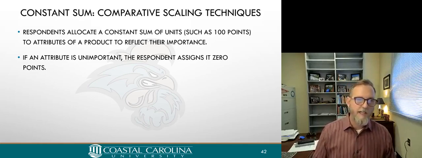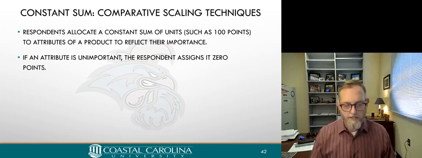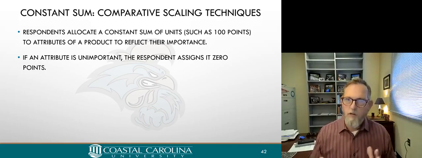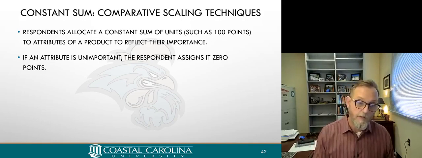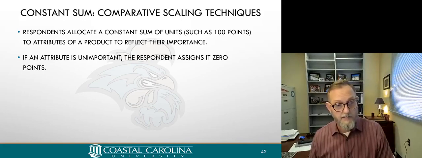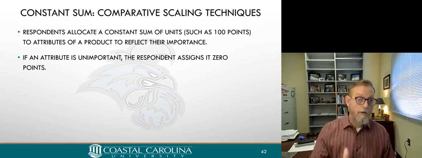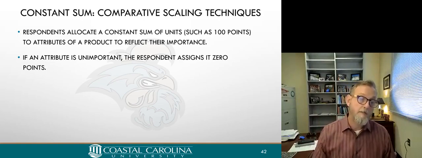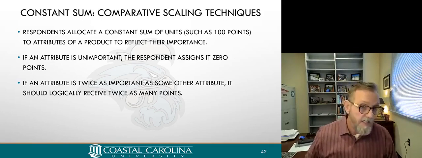So maybe if you are offering a product and you have 7 or 8 different features, you ask them to distribute 100 points across the 7 or 8 attributes, with the most important getting the most, and the least important getting the least. And 0 can count too. However many they assign each attribute, the sum has to add up to the total number that you were allowed.